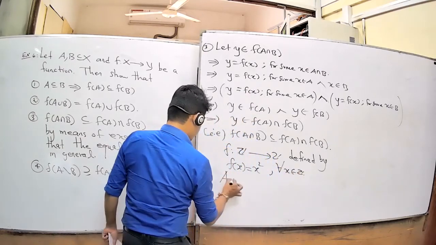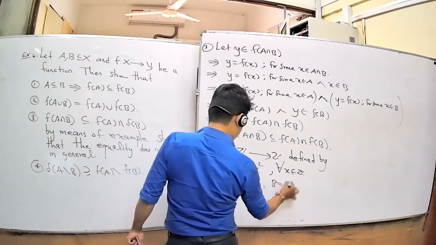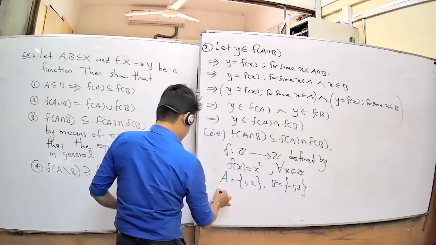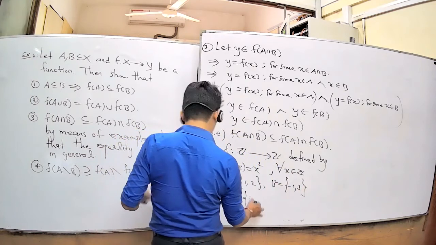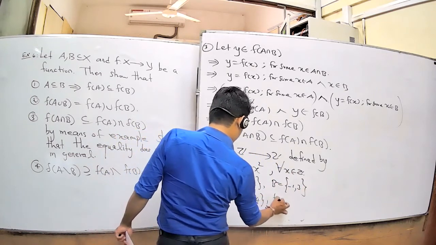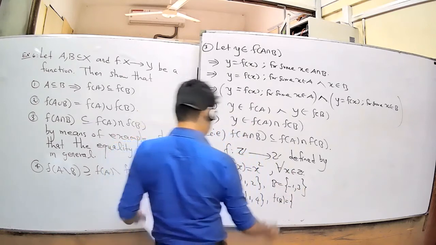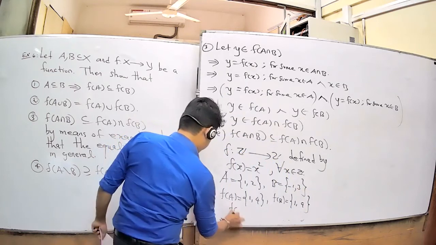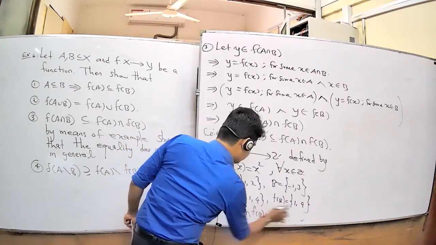If you take one set A as 1, 2, and another set B as -1, 3. Okay. What about f of a? f of a means 1, comma 4, no? Similarly, f of b means 1, comma 9. What is f of a intersection f of b? Here it is the singleton 1.